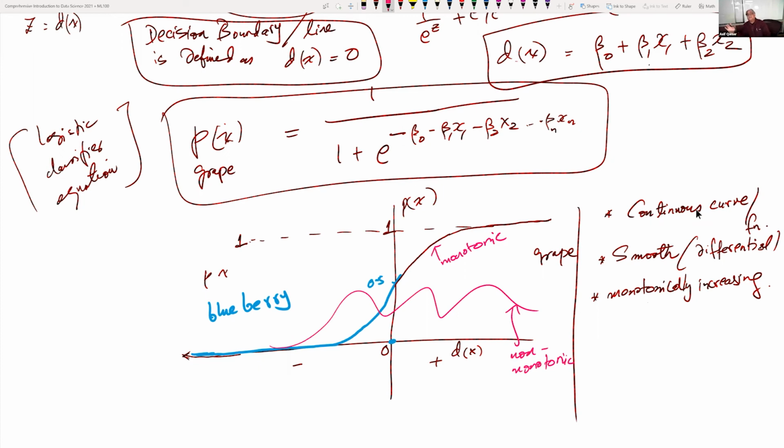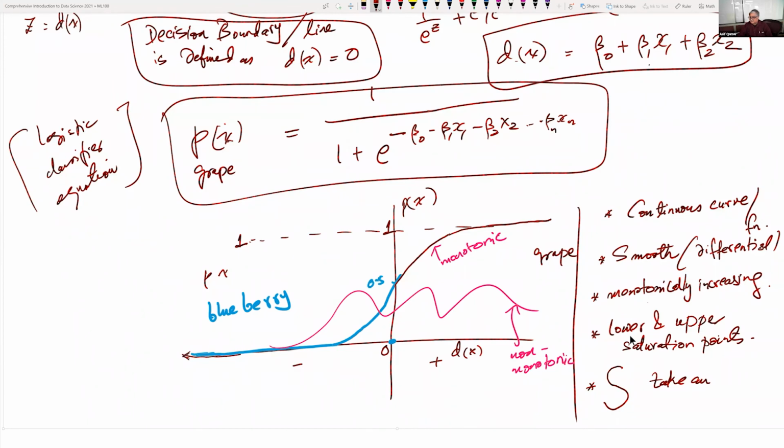So far, so good, guys. And it has also an interesting property. It seems to have lower and upper bounds, lower and upper saturation points. Right? And you can summarize all of this by saying you take an S, S letter.